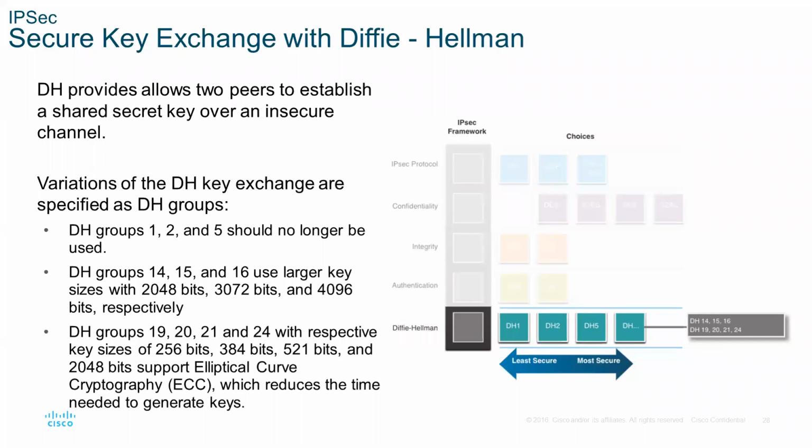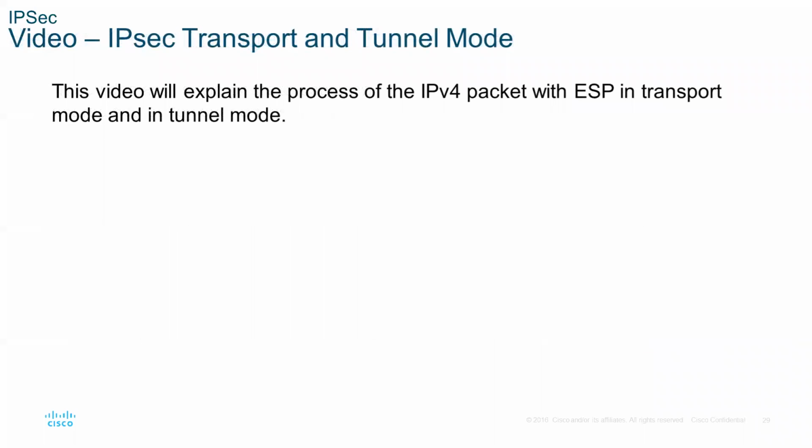And this changes. As you can see, groups 1, 2, and 5 are no longer used. And I can remember setting up Diffie-Hellman groups with 5. So it's not that long since they've been dropped. Or am I just showing my age? I could be just showing my age.